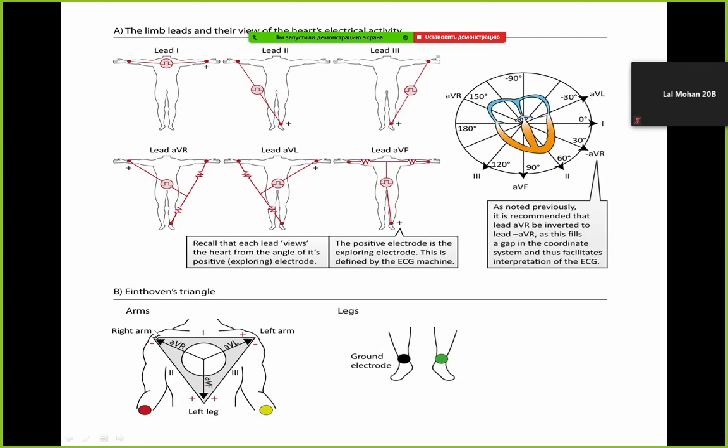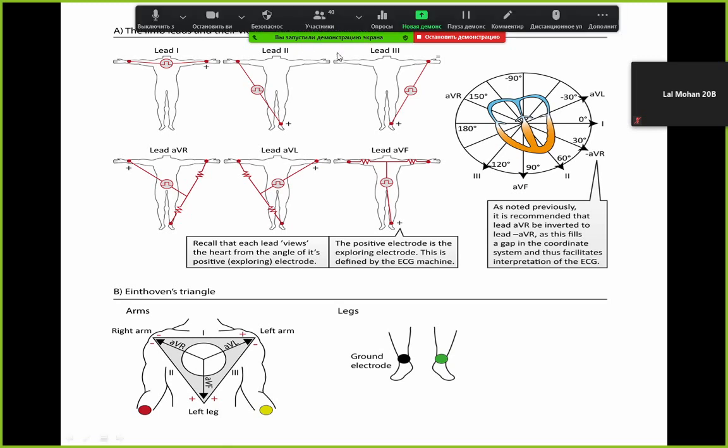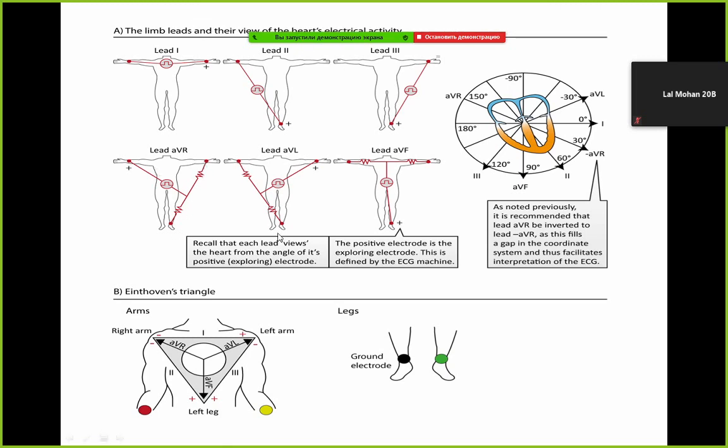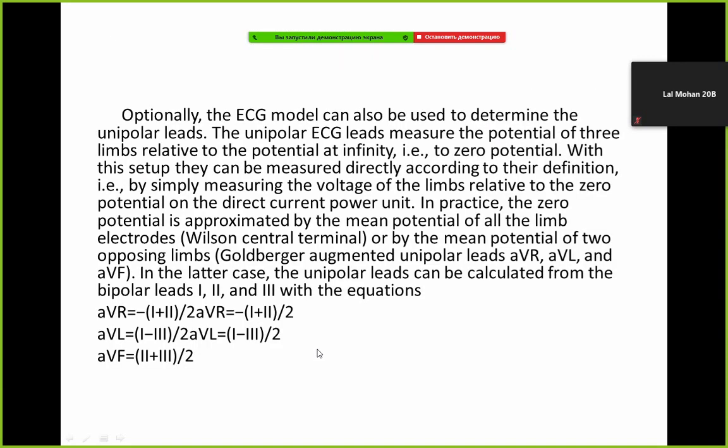Lower panel. Leads aVR, aVL, and aVF were constructed by Goldberger, and their reference point is the average of 2 electrodes. Optionally, the ECG model can also be used to determine the unipolar leads. The unipolar leads measure the potential of the 3 limbs relative to the potential at infinity, to 0 potential.